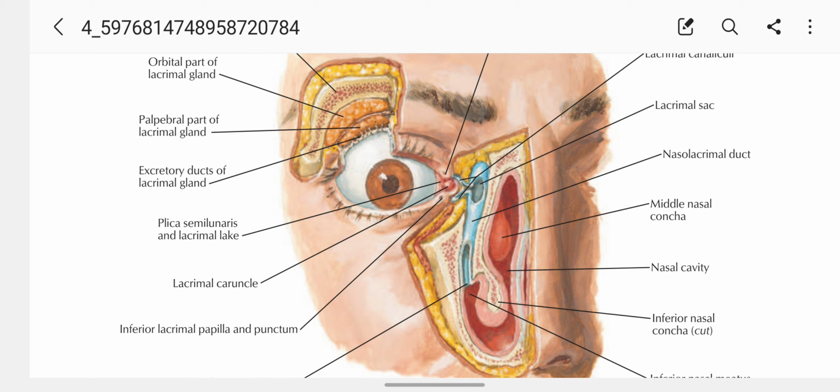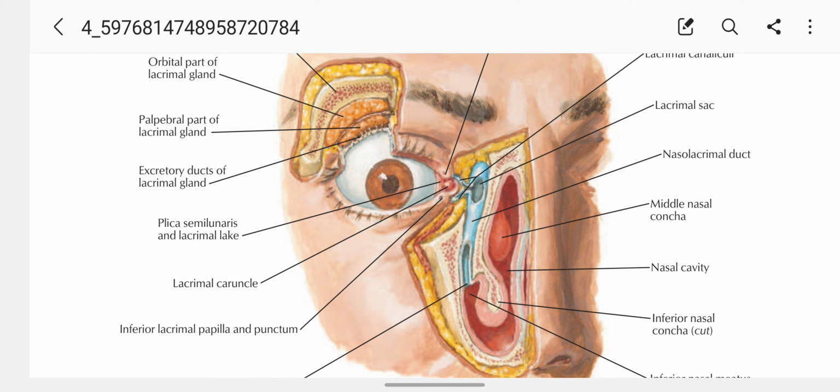At the geniculate ganglion, there are the greater petrosal nerve and the deep petrosal nerve. The greater petrosal nerve is the parasympathetic part, whereas the deep petrosal nerve is the sympathetic part. They join together as the nerve to the pterygoid canal.